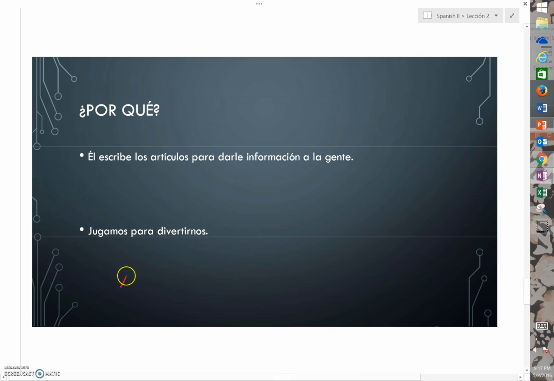I said that both of them included an in order to. So, para is used to express in order to or a purpose. The purpose of him writing articles is to give information to the people. The purpose of us playing is to have fun. Para is used to express in order to or purpose.